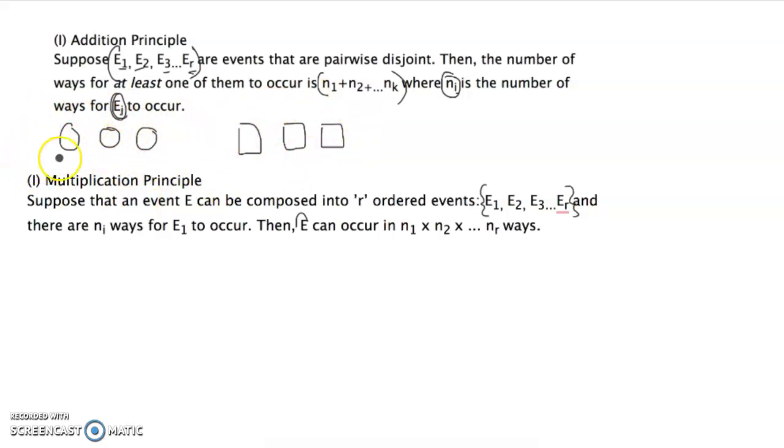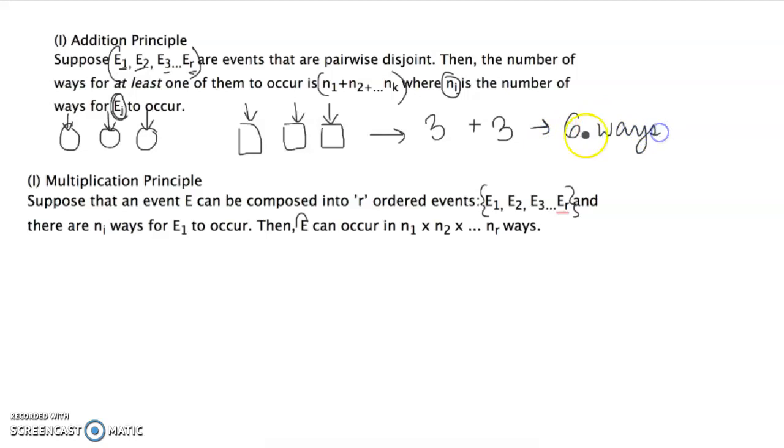Then, how many ways can we choose them? Well, we can choose either this, or this, or this, or this, or this, or this, or 3 plus 3, which is equal to 6 ways. This is an example of the addition principle.